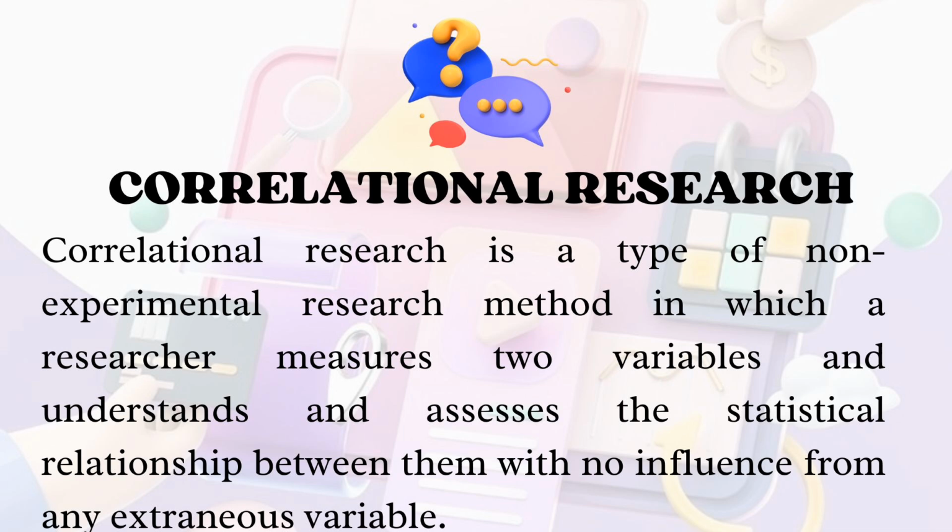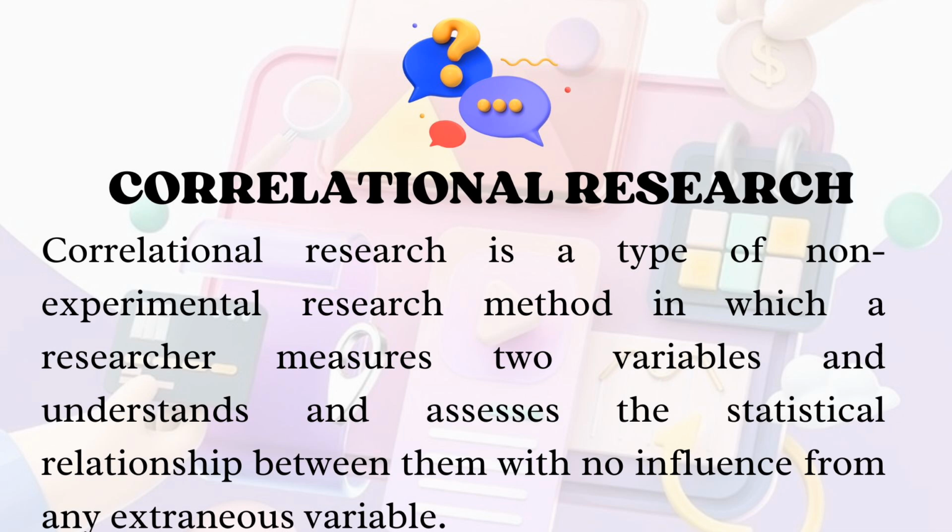Correlational research is a type of non-experimental research method in which a researcher measures two variables and understands and assesses the statistical relationship between them with no influence from any extraneous variable. So, again, from the name itself, we have here the correlational.